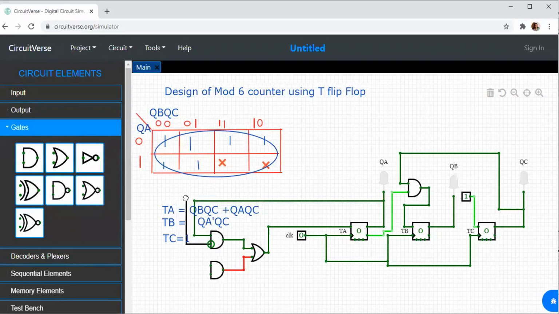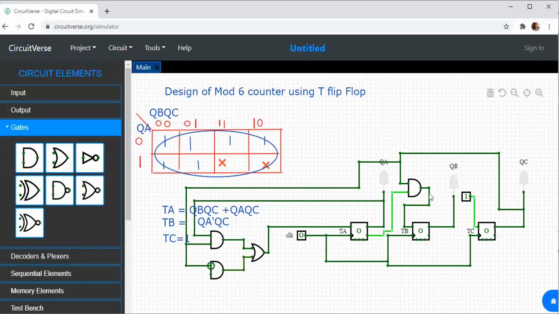I also have my QC. So this is QC. Next, what is the next one? QA into QC I've done. Okay, this is QA into QC is done. Next, it is QB into QC. So this is already QC. I have QC over here.